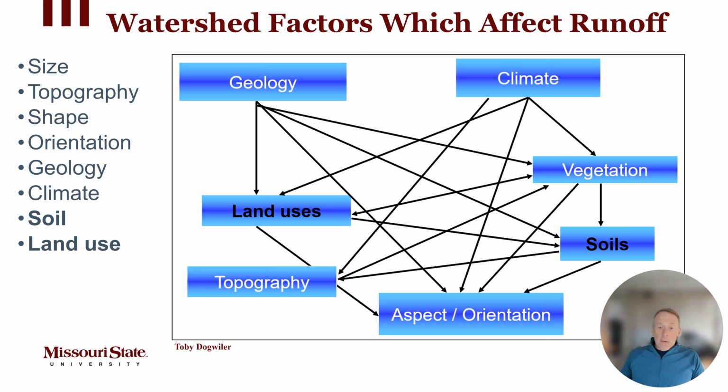So these are all very interconnected, and then land use and soils are the two that as humans we have the most impact on, and in many ways, especially soils, are some of the most important. Soils is probably the most important watershed factor in some ways, if you made me pick one.